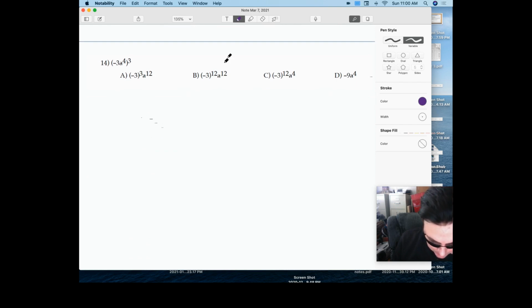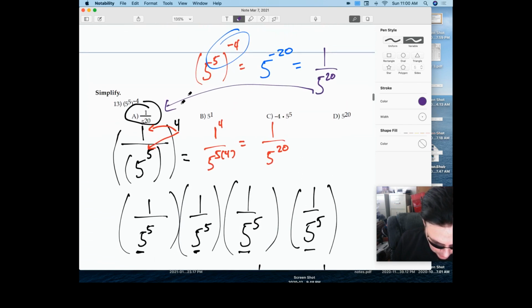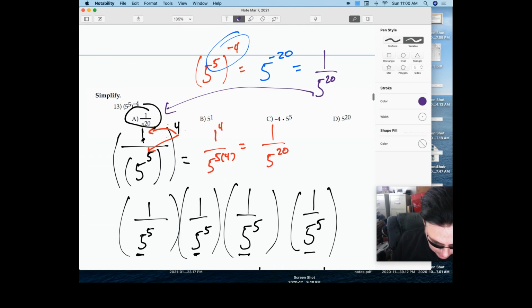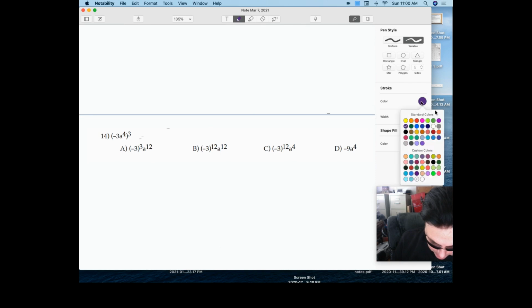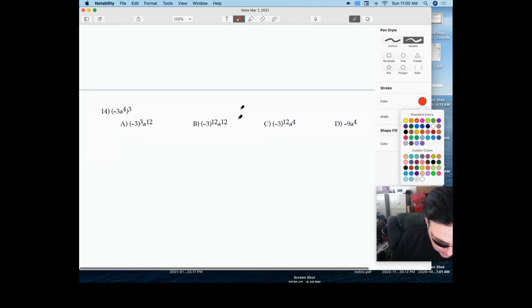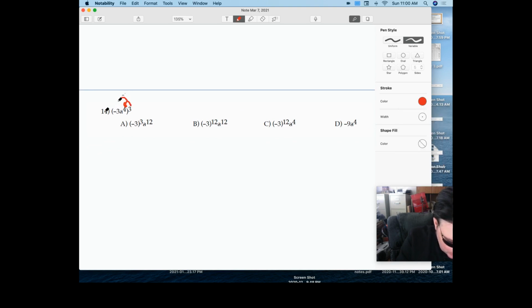So the big thing here, and I kind of illustrated it here, is that the exponent impacts every value. So if the exponent impacts every value, then it impacts not only the a, but the negative 3. So this is actually negative 3 to the 4th times a to the 4 times 3.